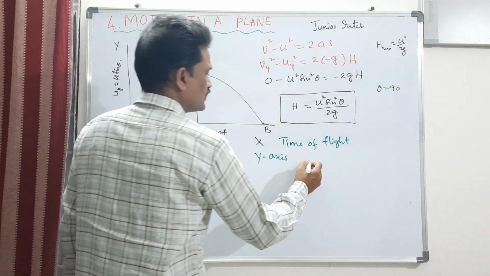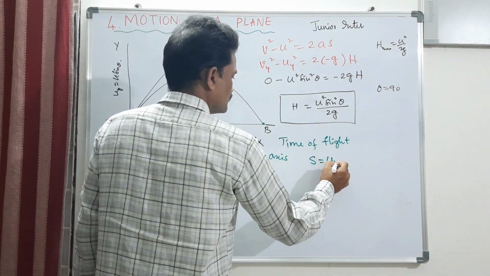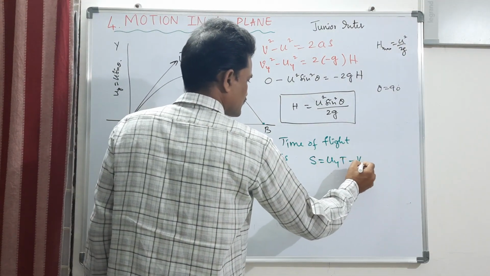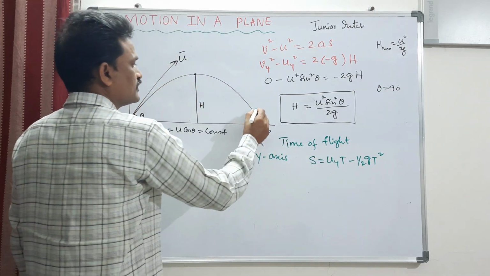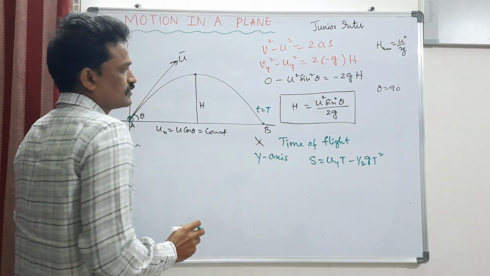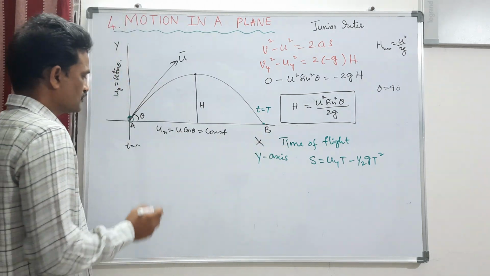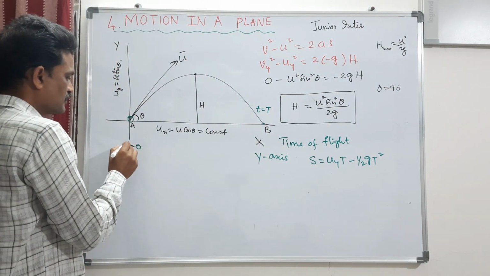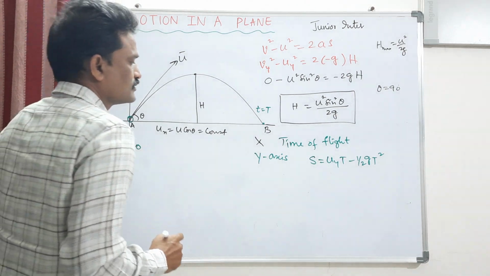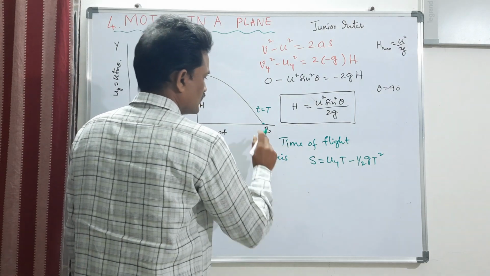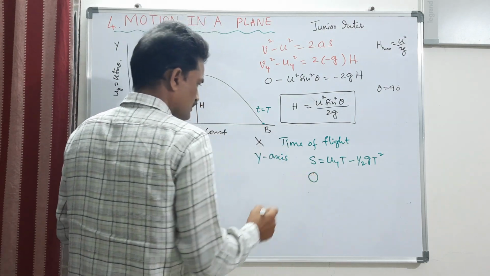So I use the formula s = uy t − ½gt². Why am I taking capital T? When t = T, the projectile is back on the ground. When t = 0, the projectile is not yet projected. So along the y-axis at point B, this s value is 0.